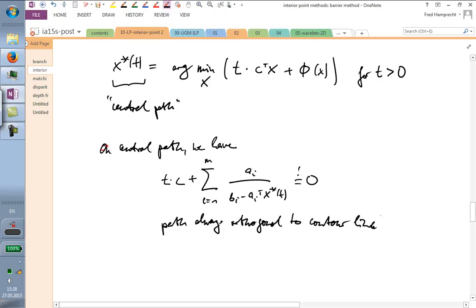And altogether we have that the path is always orthogonal to the local control lines.